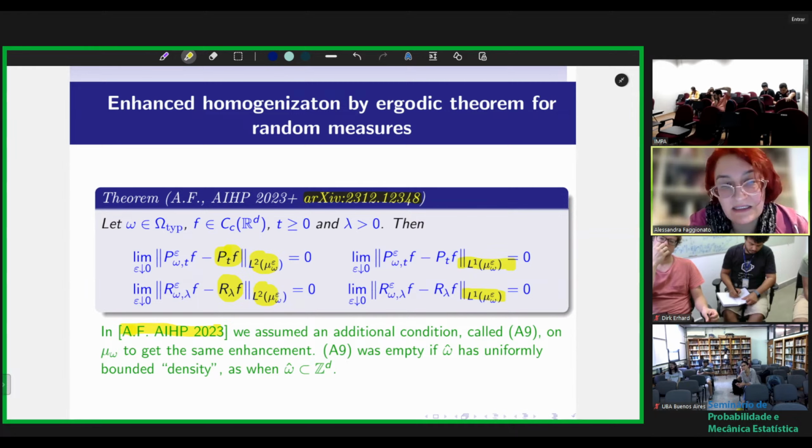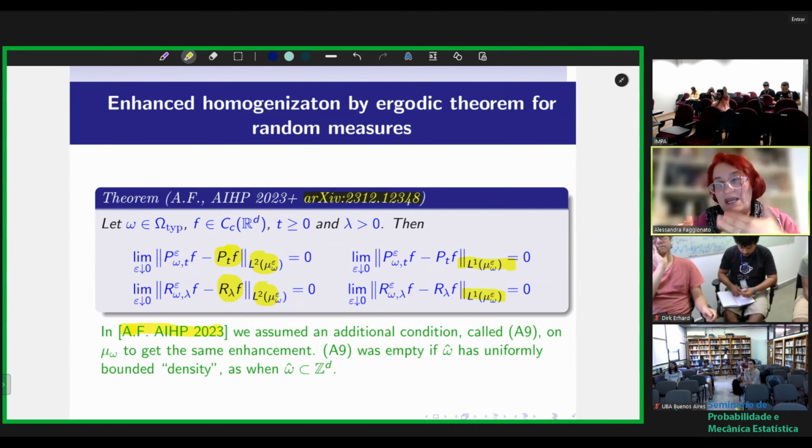At the end, this condition is not necessary anymore, thanks to the investigations I had concerning the ergodic theorem for random measures.